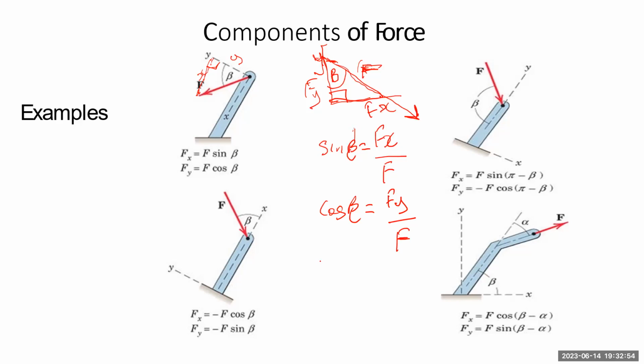When you resolve that, you get F of y is equal to F cos beta. All right, so that's how you look at it. This is simply resolving them into the components. You resolve them to the y and resolve them to the x.